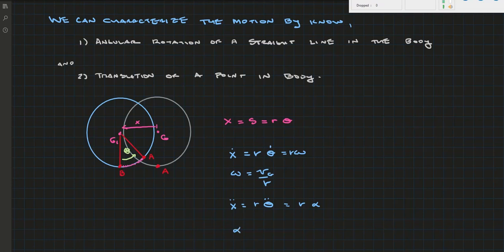So alpha equals x double dot over r, which equals the acceleration of G over r.